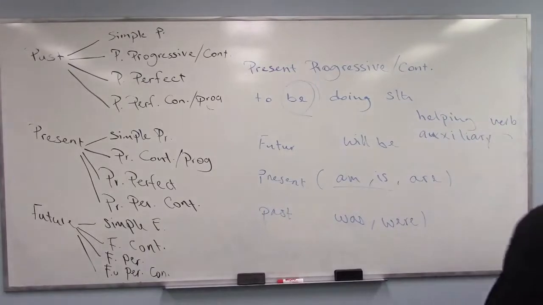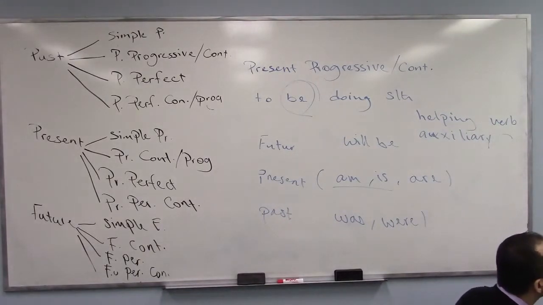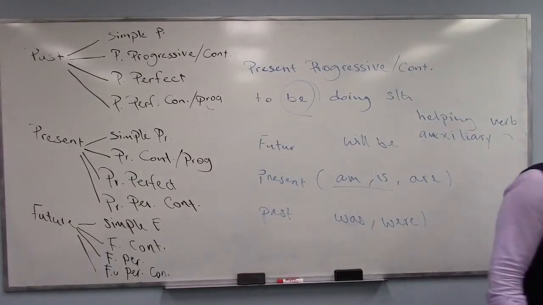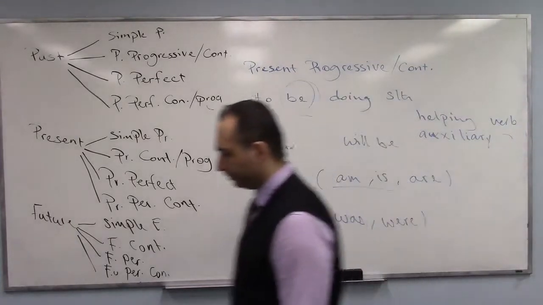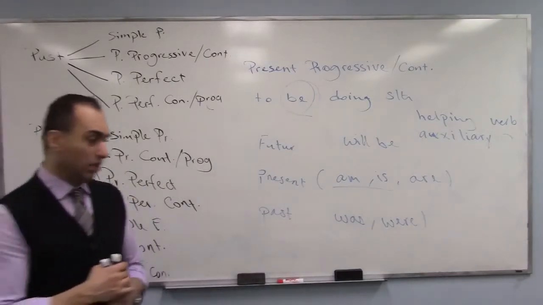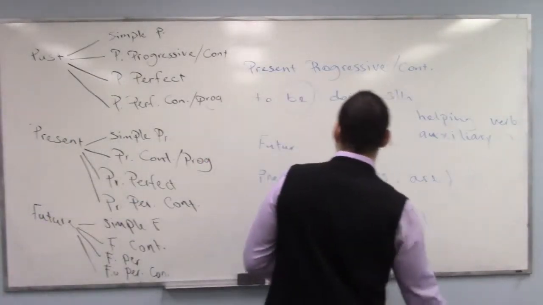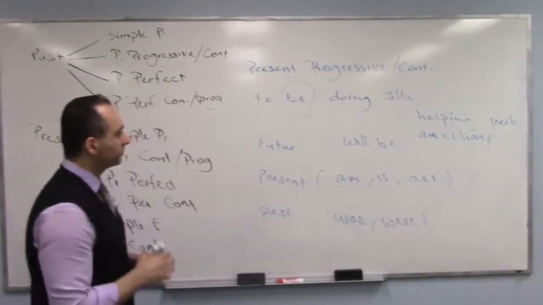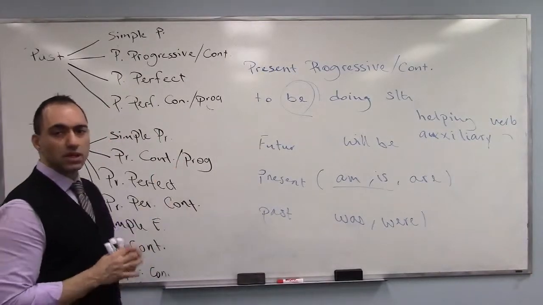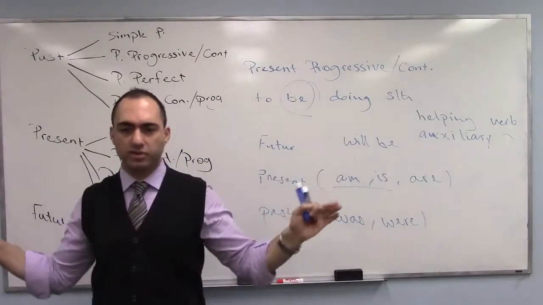Because it helps. It's usually used as an auxiliary verb. You can say auxiliary or auxiliary. What are you doing? What is he doing? What is she doing? Very simple, right now.